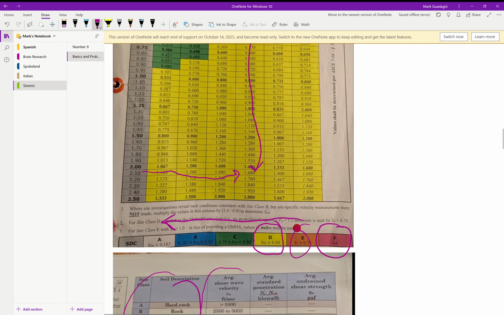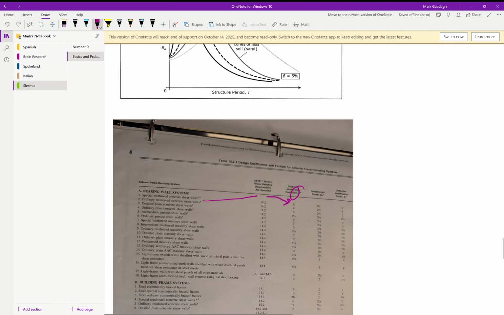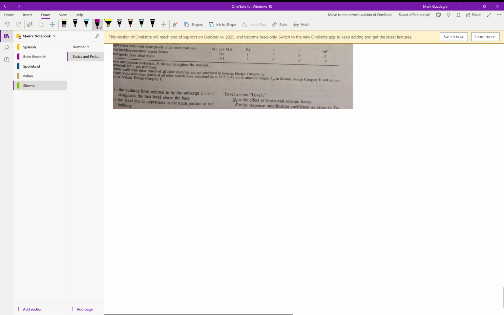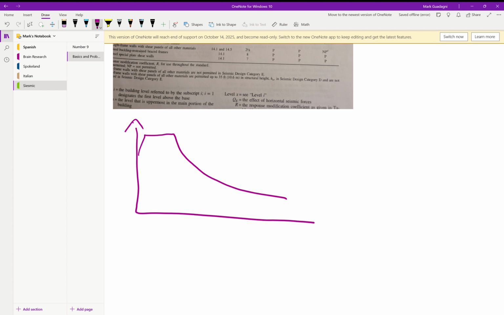Let me erase all this here. So that period depends on, you'll have a diagram we talked about, and this is T. This is your acceleration measured in G. And depending on if it's a short period building, you'll use SDS.